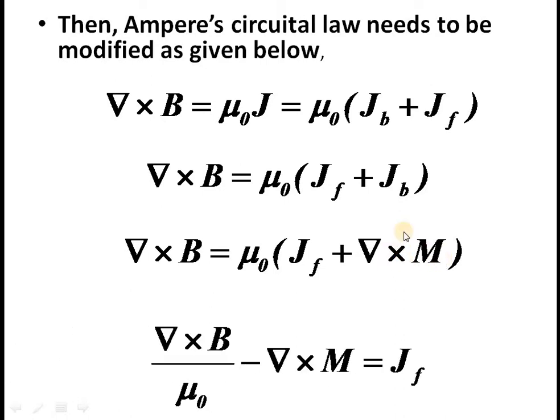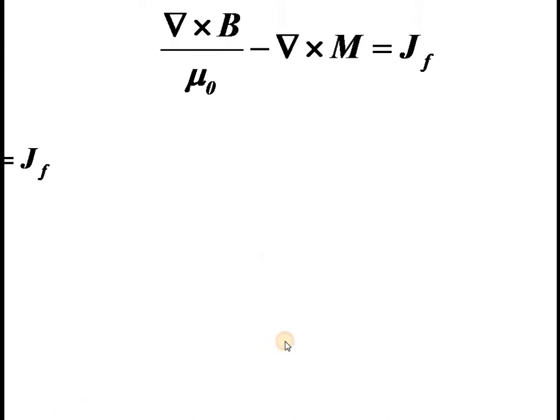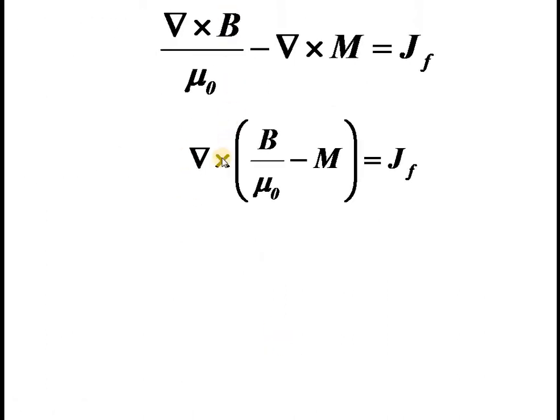You bring your curl M to the left hand side and bring your mu 0 also to the left hand side. So now you will get this kind of an equation: curl B upon mu 0 minus curl M is equal to JF. JF is the free current. Now you can see curl here and curl here. You take the curl outside. So if you take the curl outside, you can write this equation as curl, del cross, of B by mu 0 minus M, is equal to JF.